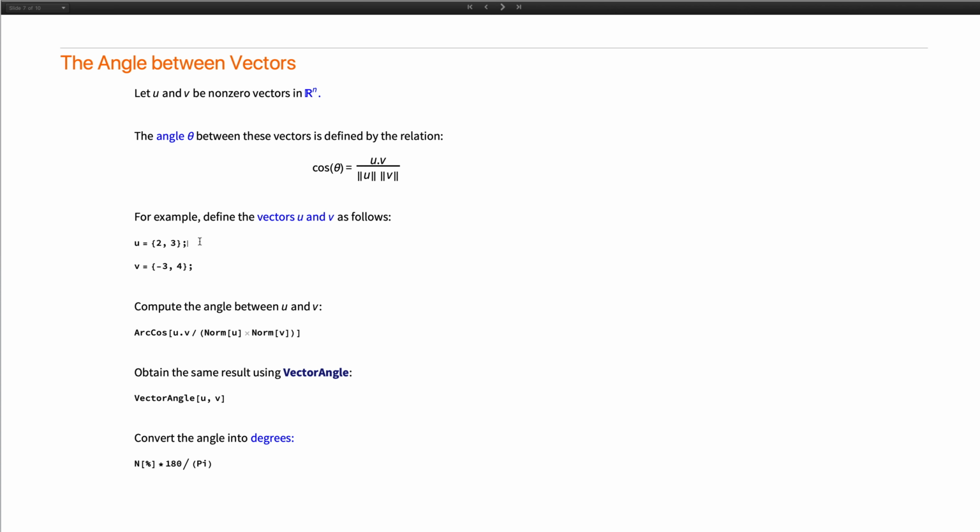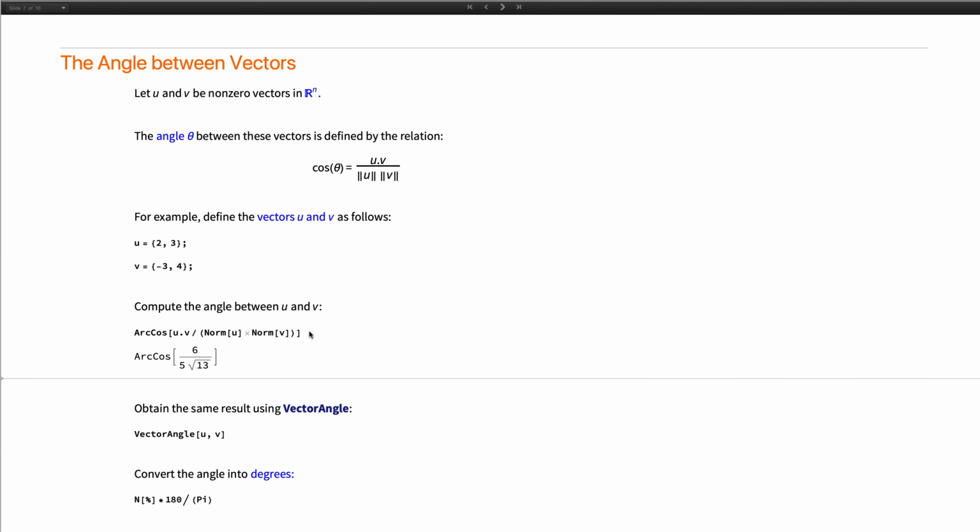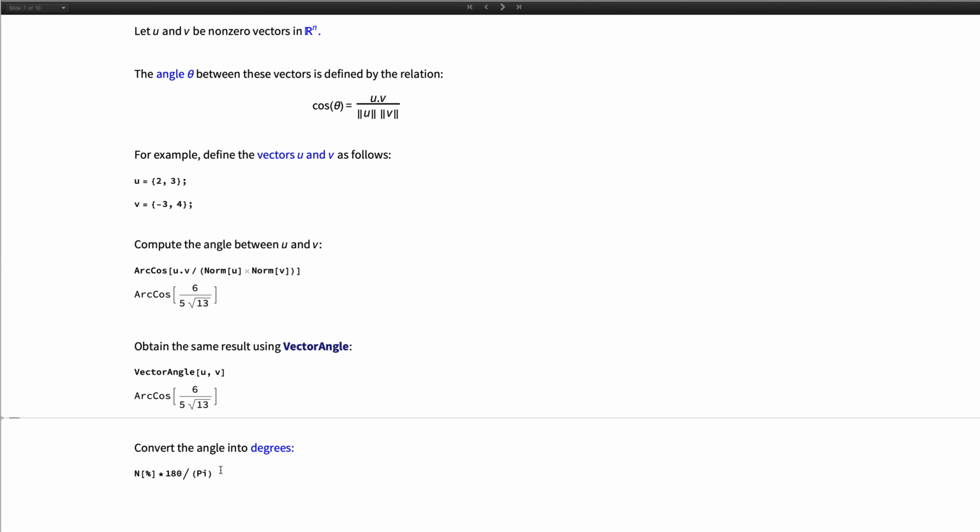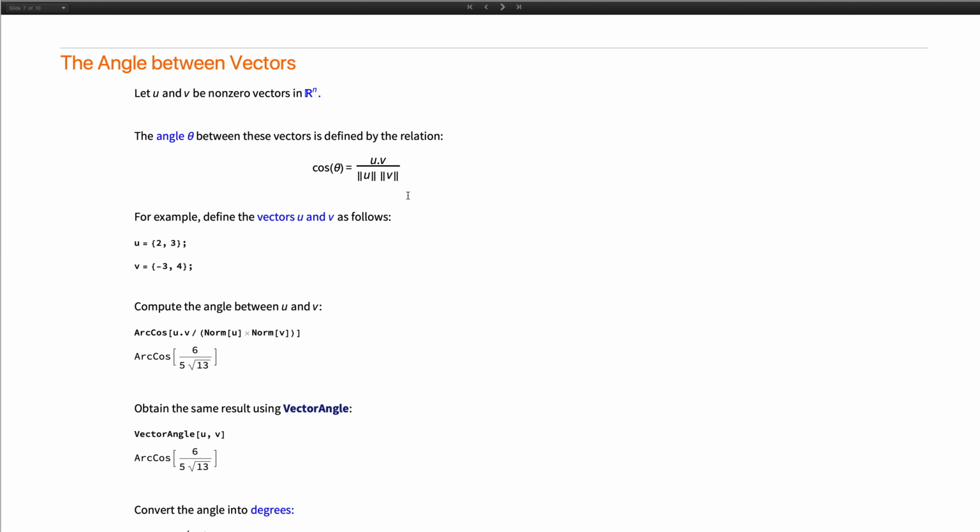For example, you have u being 2, 3 and v being -3, 4. You can work out the angle using this formula, and we have a nice function called VectorAngle, which will give you the same answer. You can convert the answer into degrees by multiplying by 180 over pi, because the answer was in radians. So the degree measure is about 70 degrees. So that's the notion of angle between vectors.